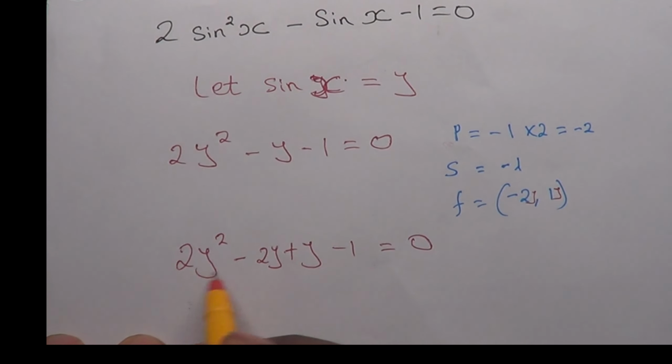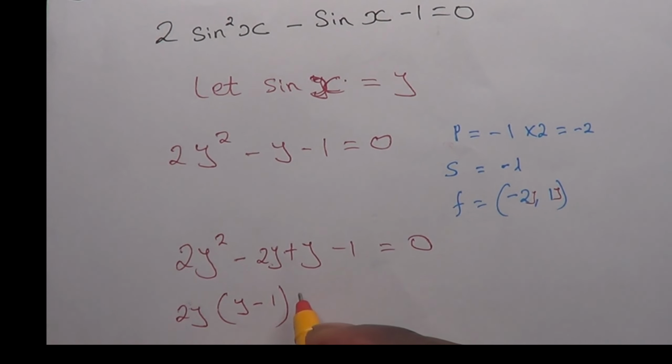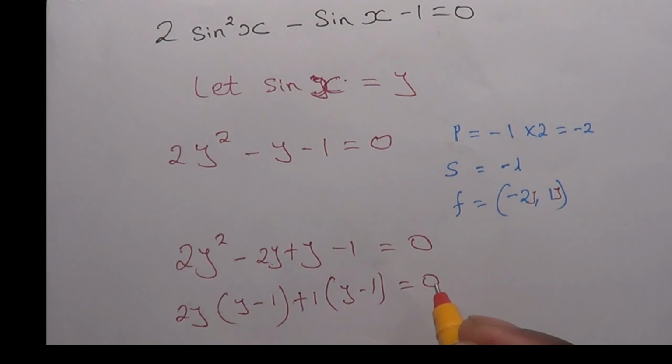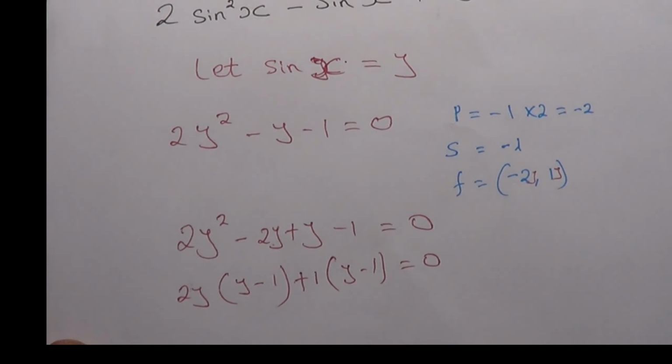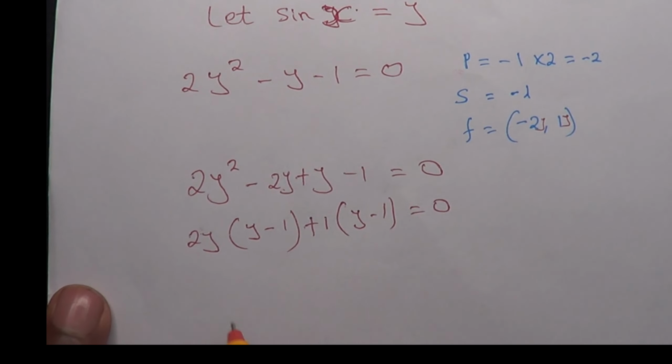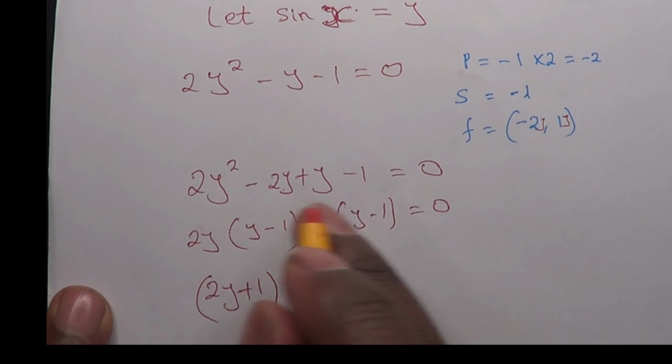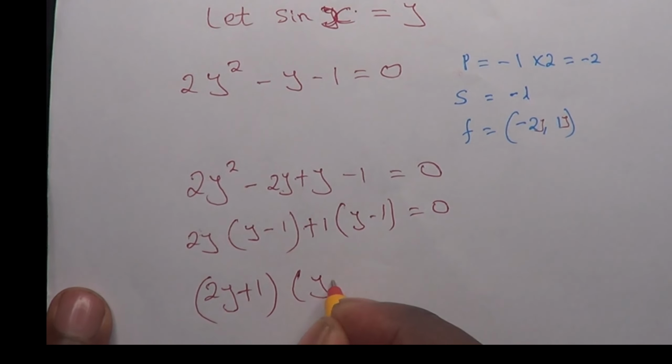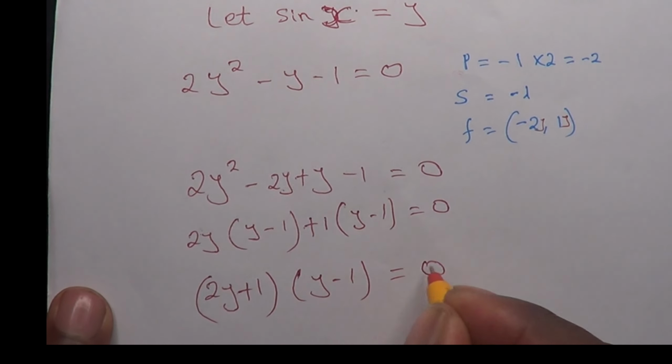So the common factor here is 2y into y minus 1, plus the common factor 1 into y minus 1 equals 0. For the next step, let me take 2y plus 1, then in the brackets I pick one of it, that is y minus 1, equals 0.